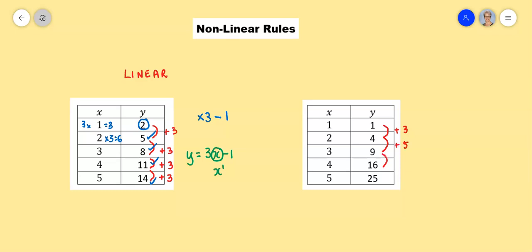From 9 to 16, we increase by 7. From 16 to 25, we increase by 9. So we can see here that our Y values are not increasing by the same amount each time. So this is definitely not a linear rule or a linear relationship. This is what we call a non-linear rule.